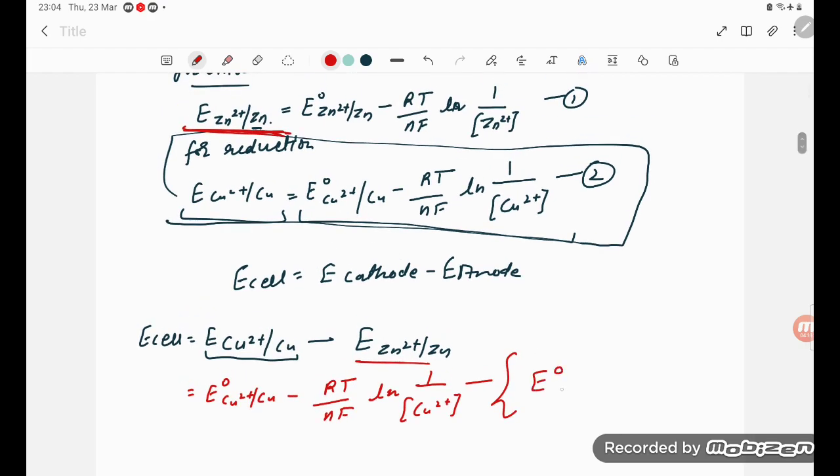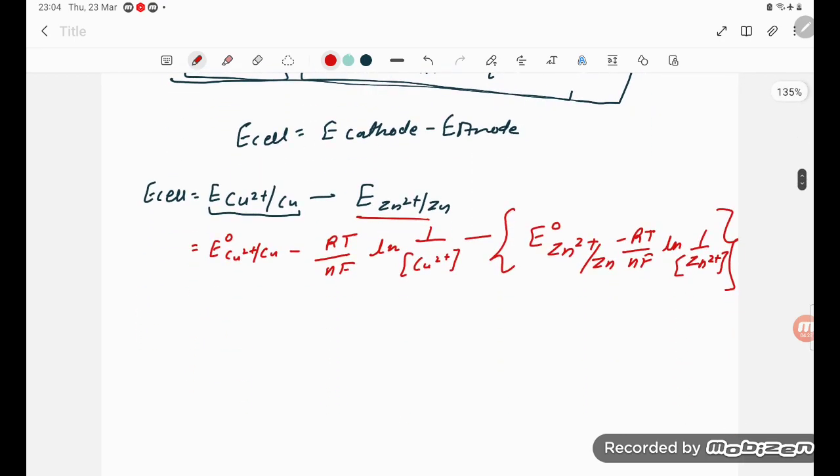Here E naught Zn2+/Zn minus RT upon nF ln 1 upon Zn2+ molar concentration. Now what are we going to take? These two terms we are taking as E naught cell.